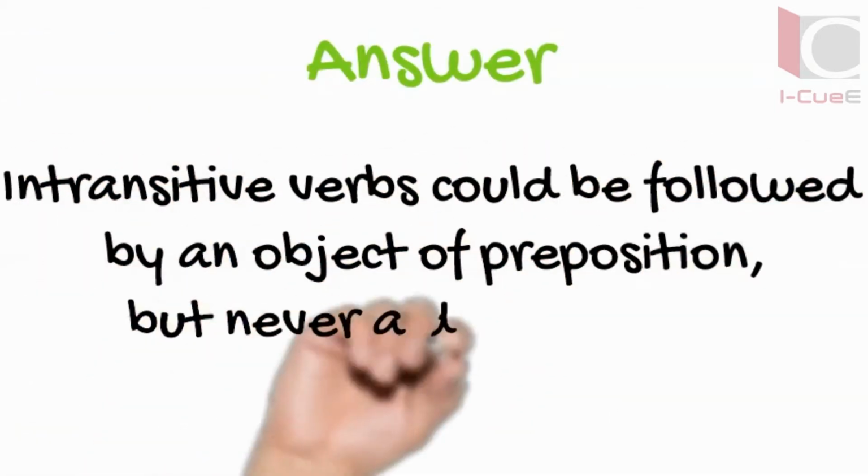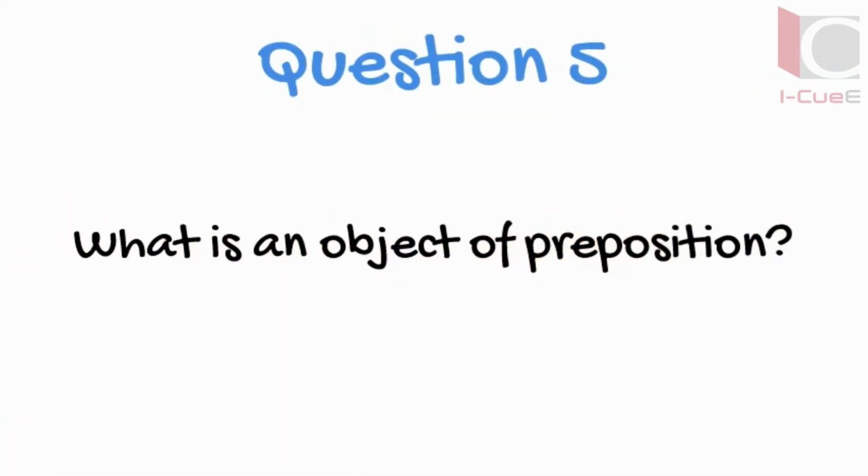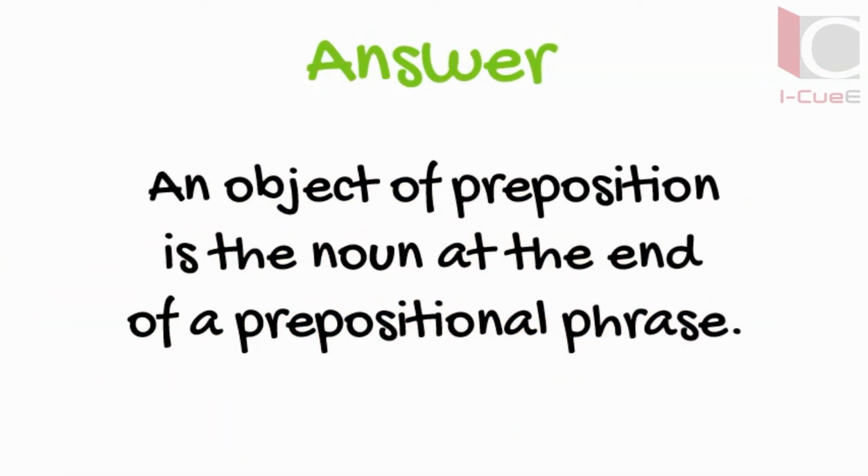Intransitive verbs could be followed by an object of preposition, but never a direct object. What is an object of preposition? An object of preposition is the noun at the end of a prepositional phrase.